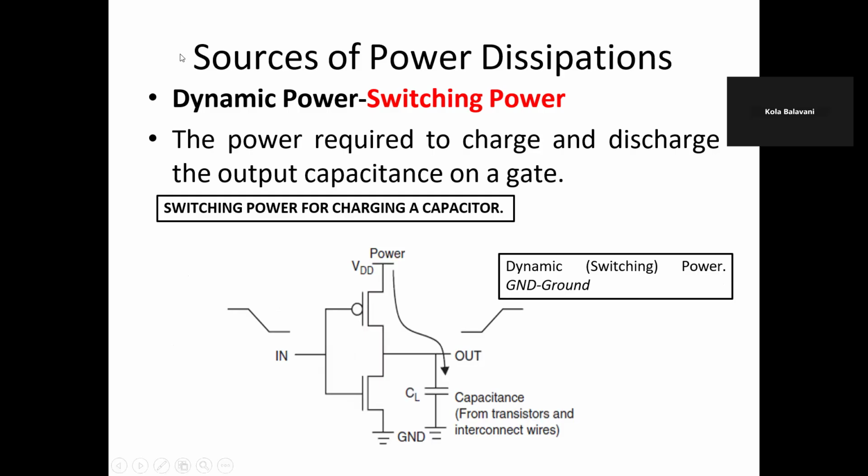So the first one is the switching power. Switching power means the power required to charge and discharge the output capacitance on a gate. This is the circuit setup required for switching power: we are giving the input, and what is the output, and what is the internal operation of that circuit.